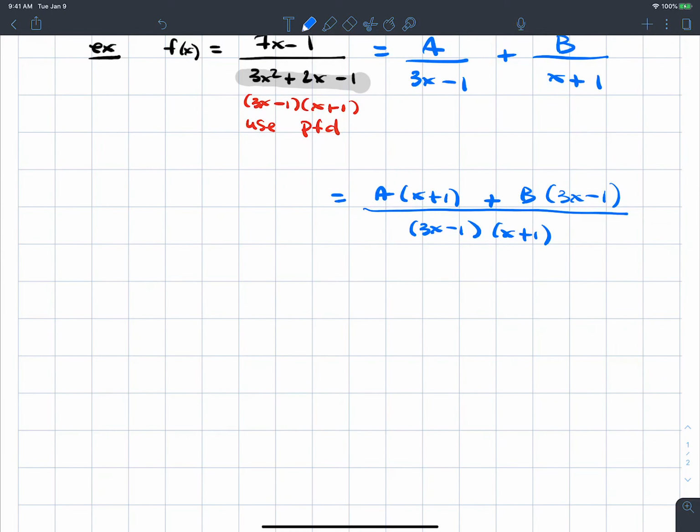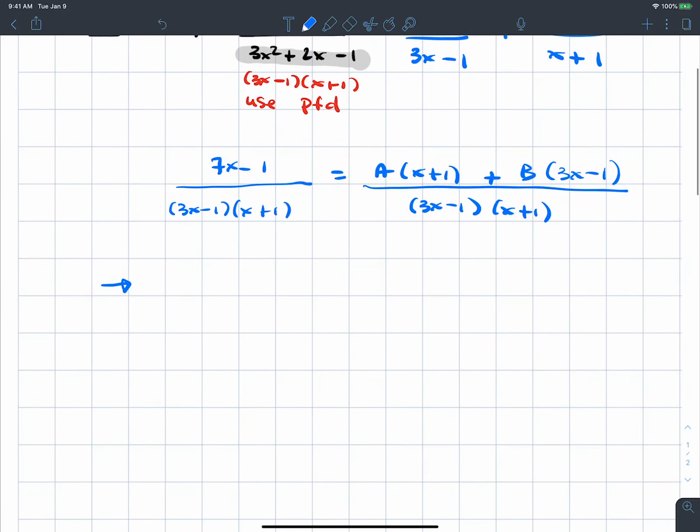And this is equivalent to our (7x - 1) over (3x - 1)(x + 1). So this implies we get this characteristic equation: 7x - 1 equals ax + a + 3bx - b.